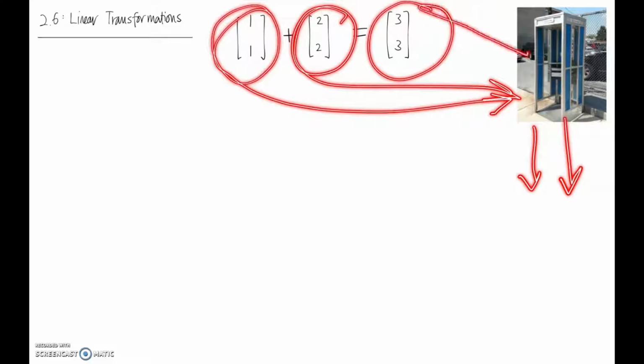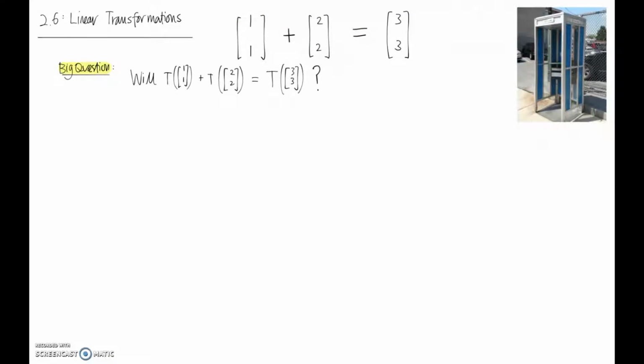This then goes through the transformation, and that comes out as a new vector. The new vectors, as they come out, will that relationship still hold, where you can add the first two and get the third? We can say it symbolically like this.